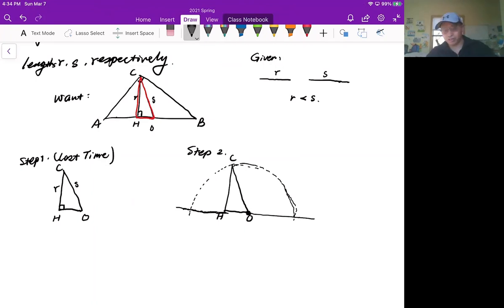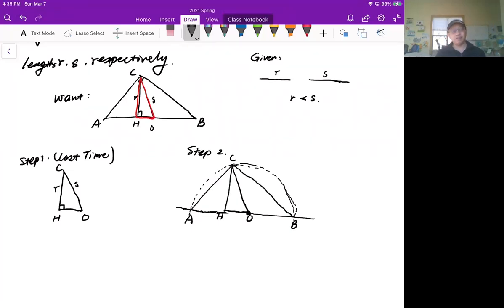I draw a semicircle with O as the center and OC as the radius. Now I claim that this is my A and that's my B. I just connect AC and connect BC, and I'm done.